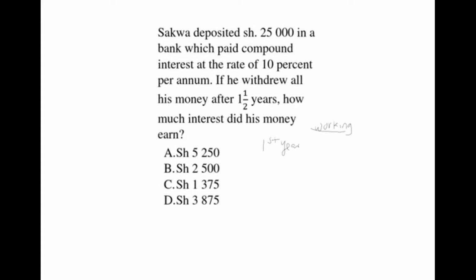So in our first year, we know that interest, which is I, is given by P times R, which is rate, times time, over 100. So our first year, we have the principal P as 25,000 shillings.